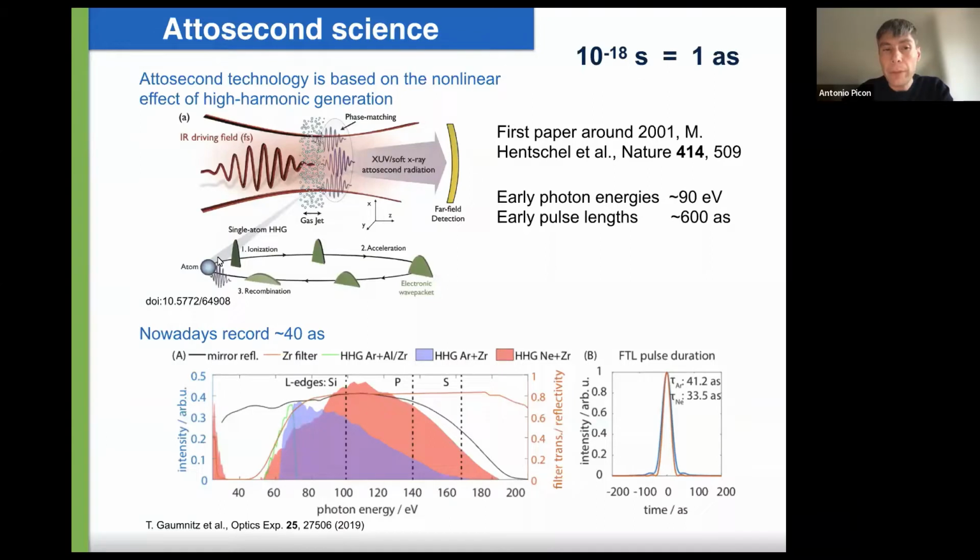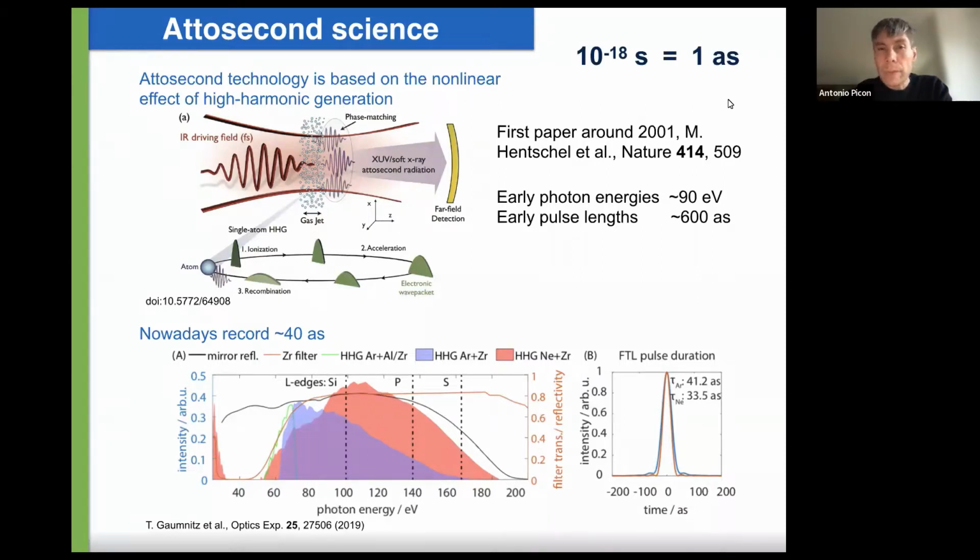If this happens, the kinetic energy that the electron wave packet gained in the continuum can be released in the form of a photon. This is how we produce very high frequency photons. With this technique, one can really produce attosecond pulses, which I'm not going to get into in detail here.